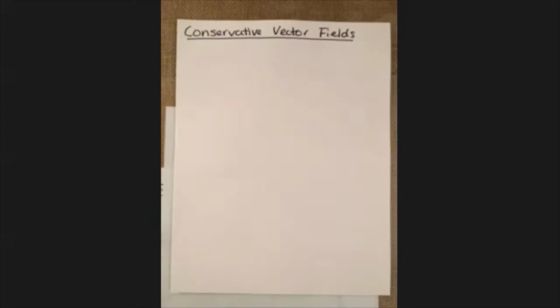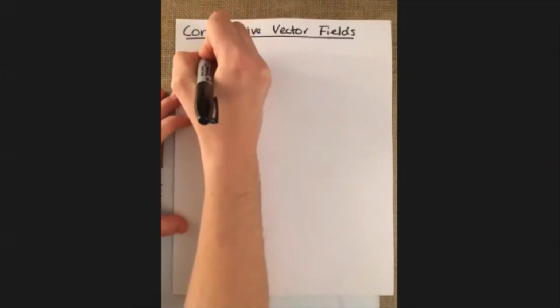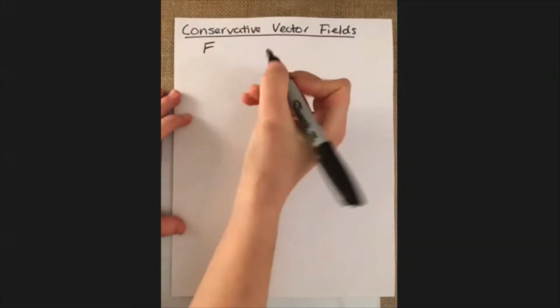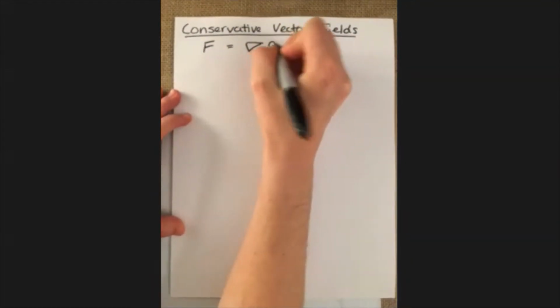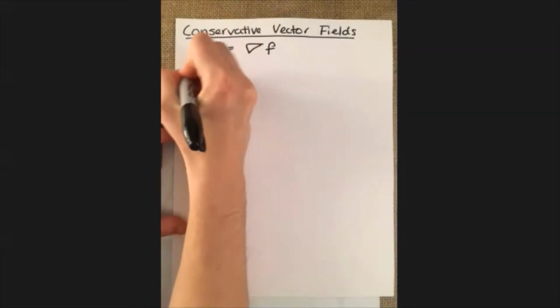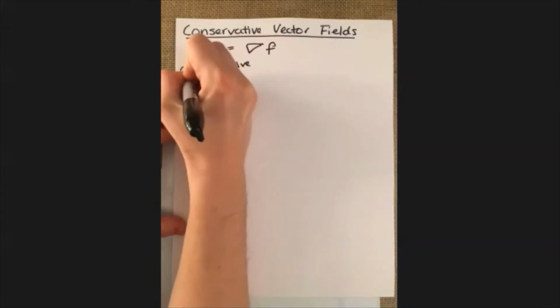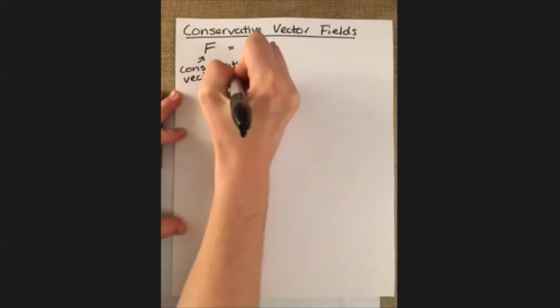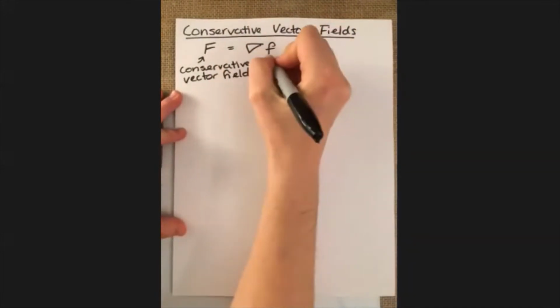Okay, so conservative vector fields are just a really super nice version of a vector field that have a very particular property. And that particular property is that this vector field, which we can think of as a function F, had to have come from a gradient of some other function. We'll call it little f. So if this is our vector field and it's conservative, then it's considered conservative if it came from a gradient.